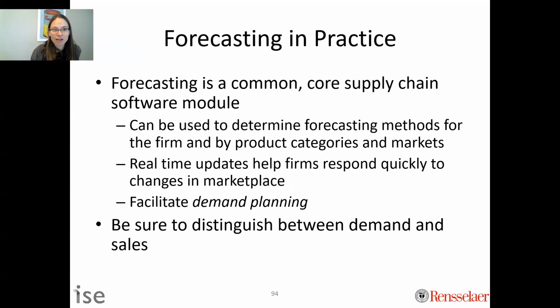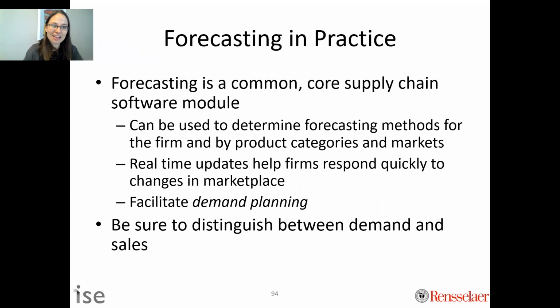This is sometimes, again, called demand planning. And oftentimes what the software does is it does a good job of matching the data that you would have in your enterprise resource planning or other types of software with demand planning. And so the power of a lot of these software modules, the methodologies are usually relatively simple, but it's connecting the data with the decision making.